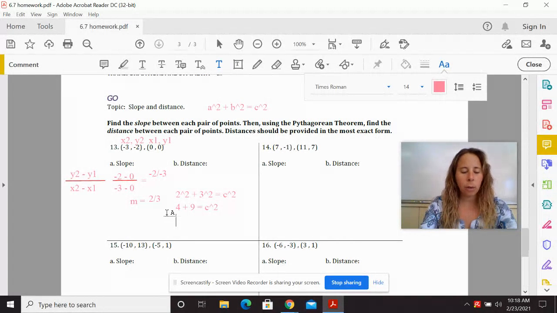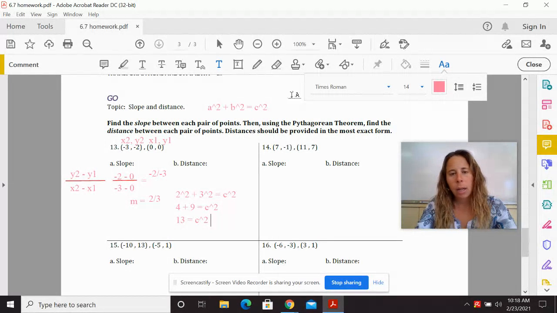What is 4 plus 9? 13 equals c squared. Okay, you're not done. You're almost done. Now you have to take the square root of both sides.